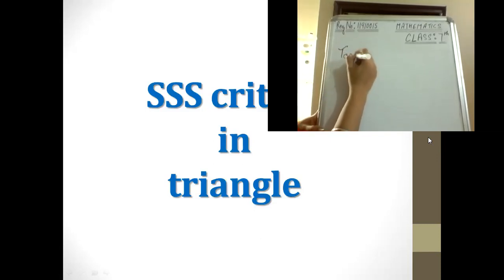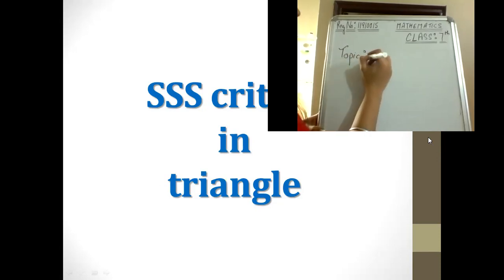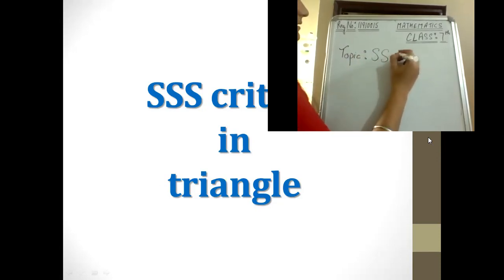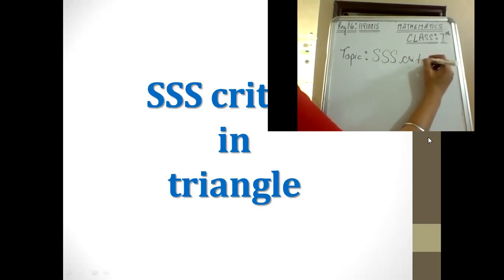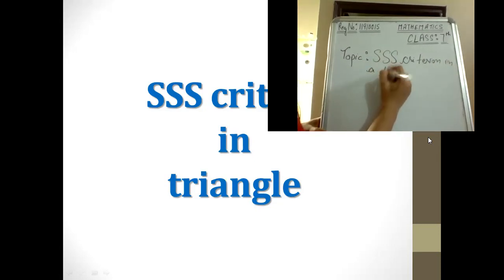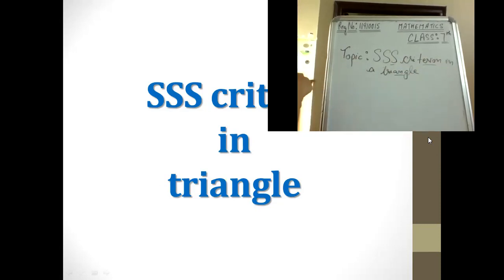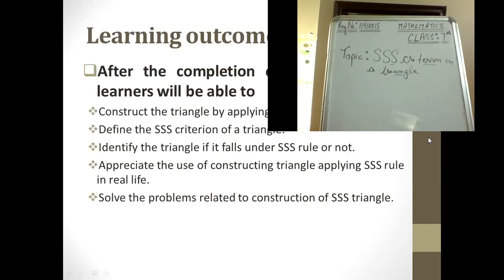We can also say SSS rule. So our today's topic is SSS criteria in triangles. Okay, so this is what we are going to do in this class, the SSS rule of a triangle. So let's move further.